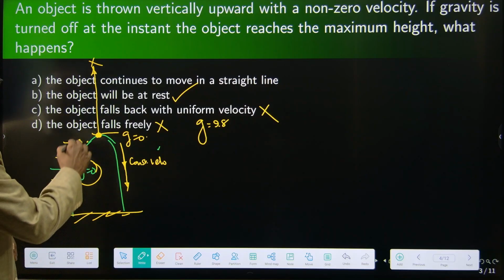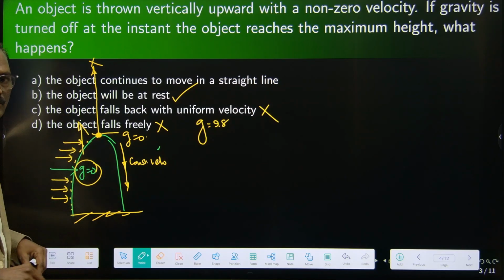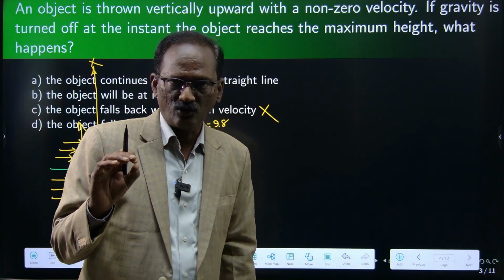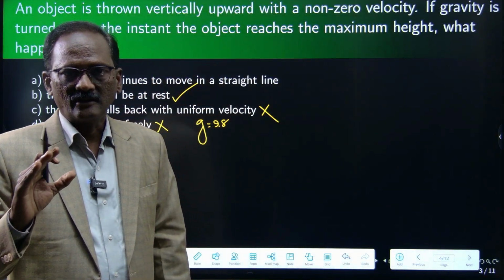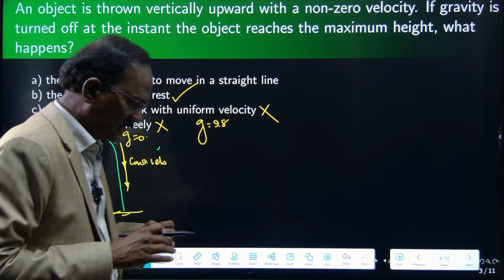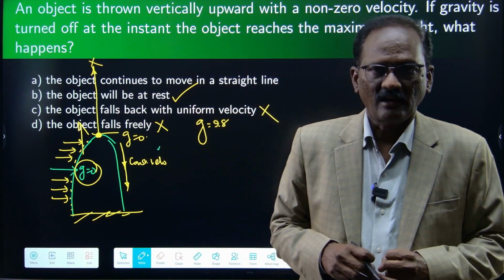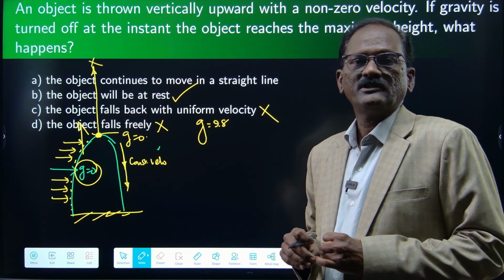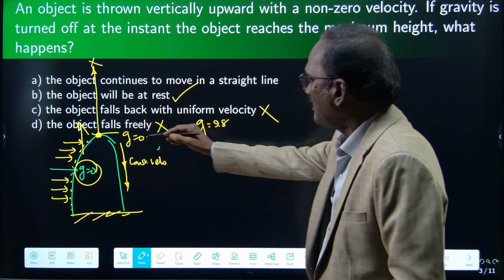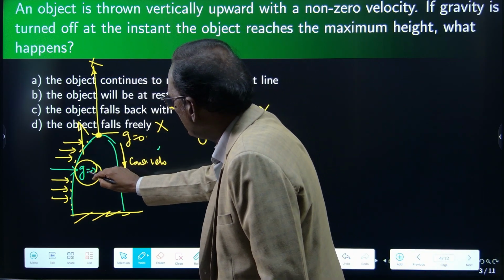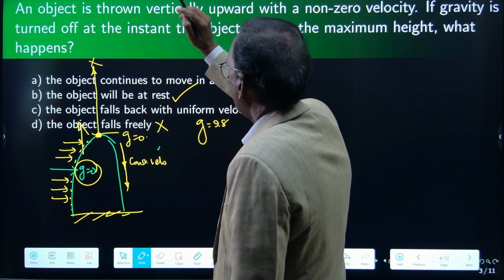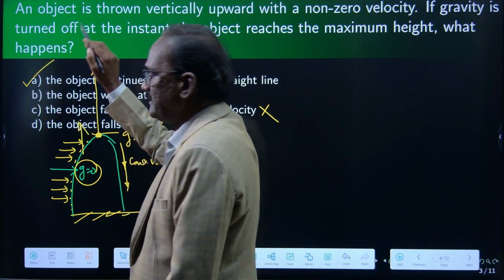Then A will be the answer: the object will continue to move in a straight line. According to Newton's first law of motion, the object will continue in its straight line of motion unless opposing forces act. We assume there is no air resistance. So the object will keep moving upward if g is 0 at the midpoint, not at the maximum height. As far as this problem is concerned, A is the right answer.